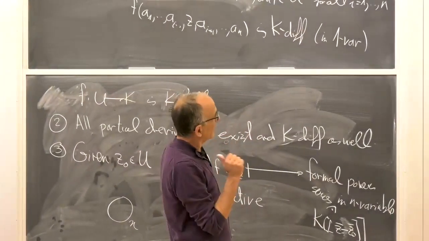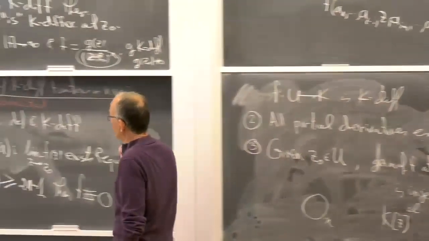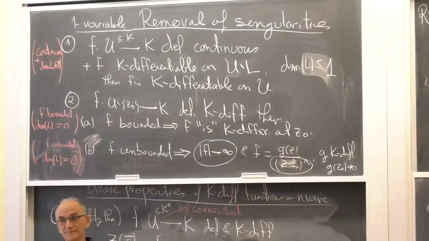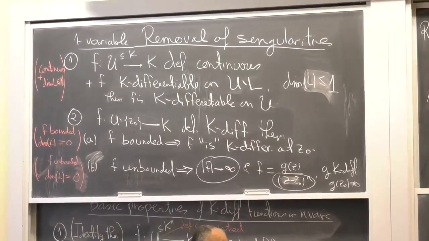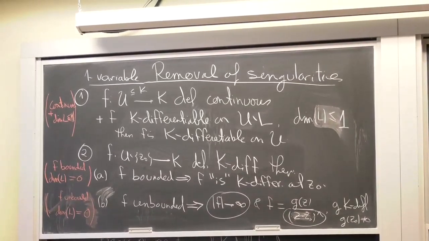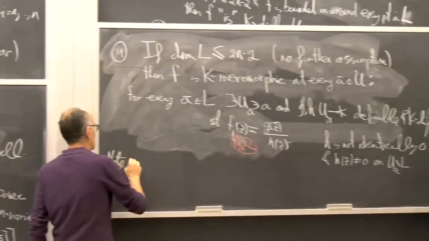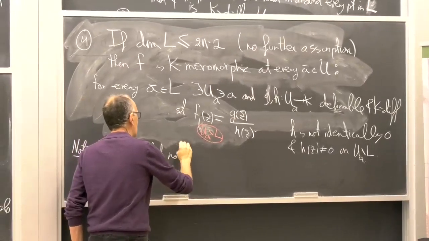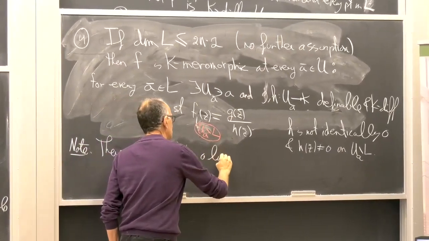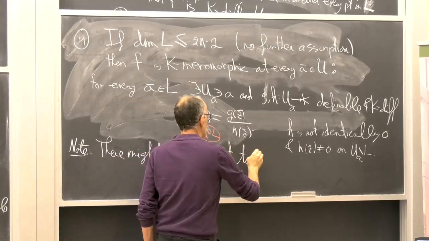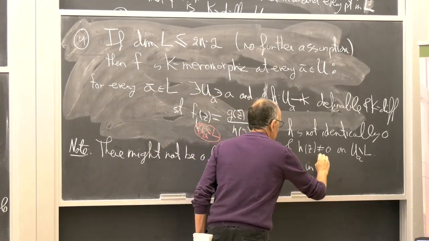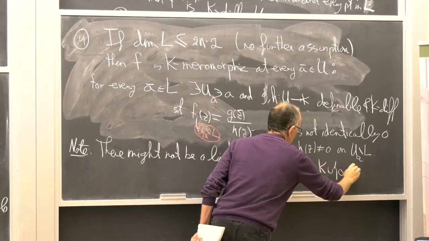One thing to be careful of, which happens in several variables, I mentioned it in another context: we are not saying that there is a limit to F as you approach Z0. Note there might not be a limit to F(Z), even in K union infinity, even in projective space.